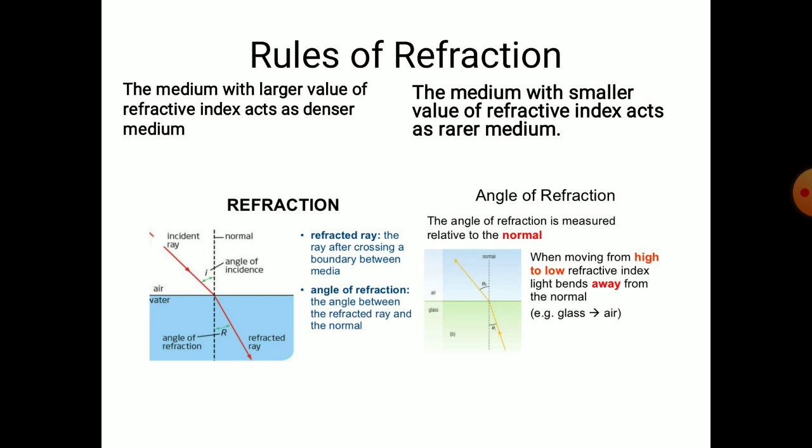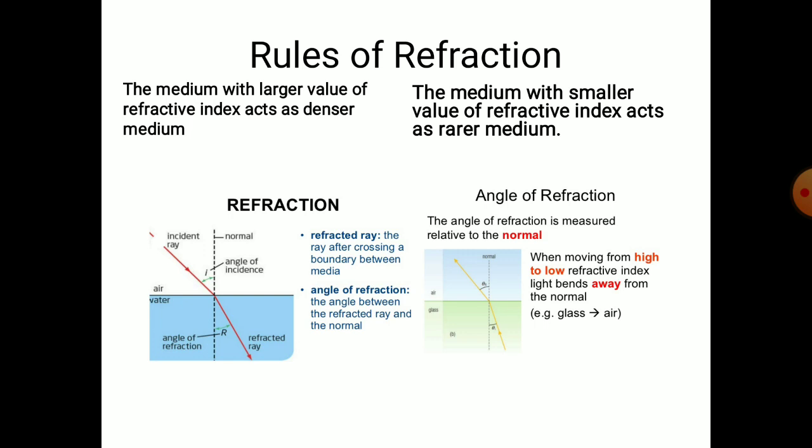Now, from our previous discussion, we know that when a ray of light while traveling in one transparent medium enters into another transparent medium, it deviates from its straight line path. It bends from its straight line path. Now the question arises, in which direction will it bend?